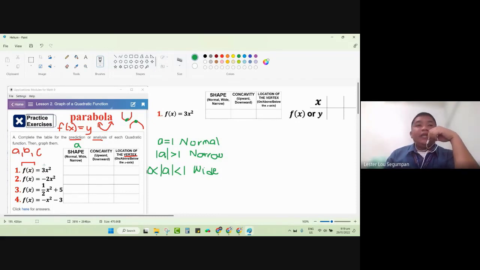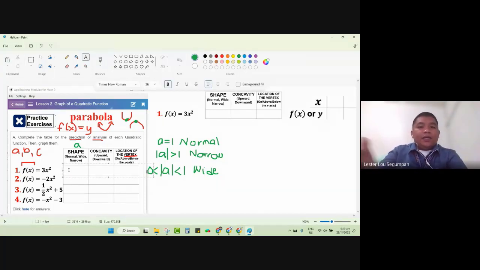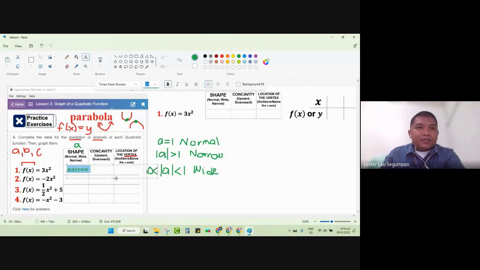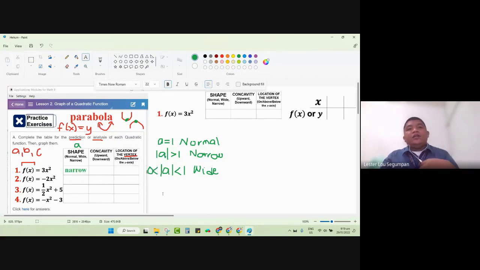Even if you take its absolute value, it's still greater than 1. That would mean that the shape of number 1 is actually a narrow parabola. Narrower. It's a narrower parabola.